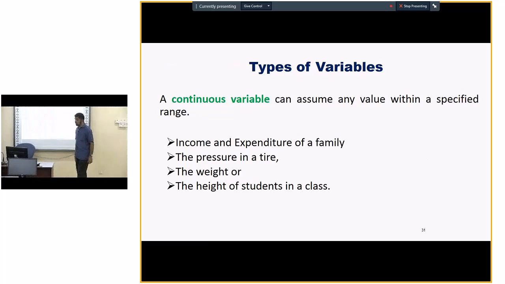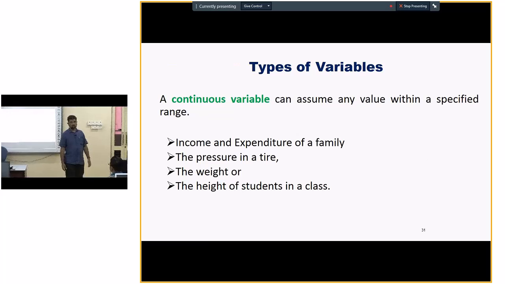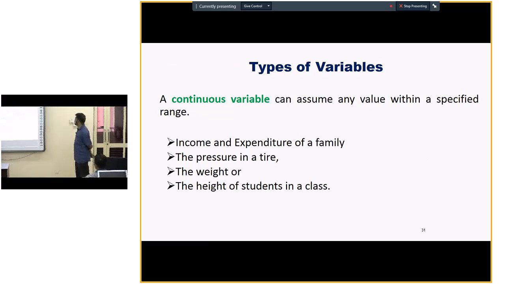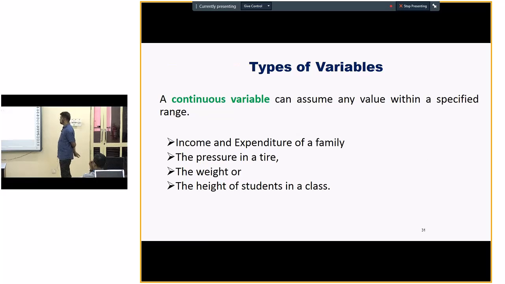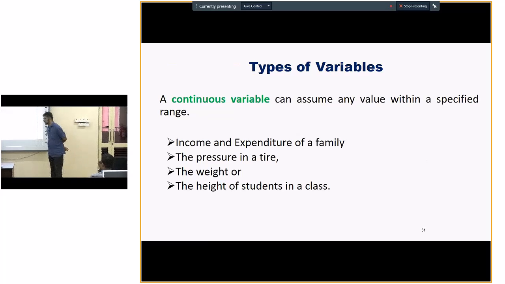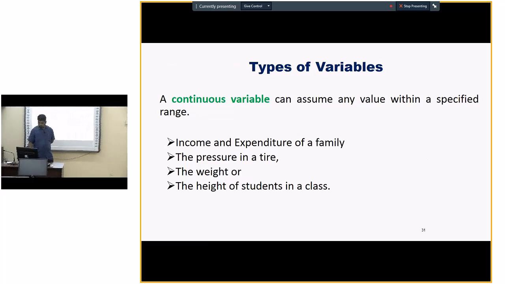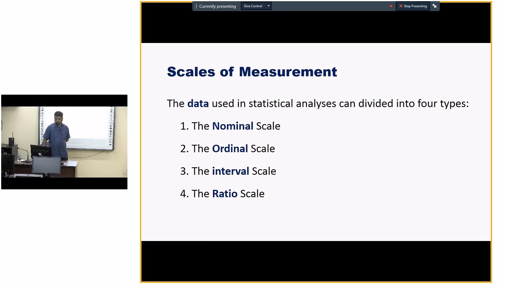Now, continuous quantitative variable. Continuous quantitative variables can assume any value within a specific range, right? Income and expenditure of a family, then the pressure in the tire, the weight, height, right? All are examples for that. I think you have a clear idea. Then scale of measurement.